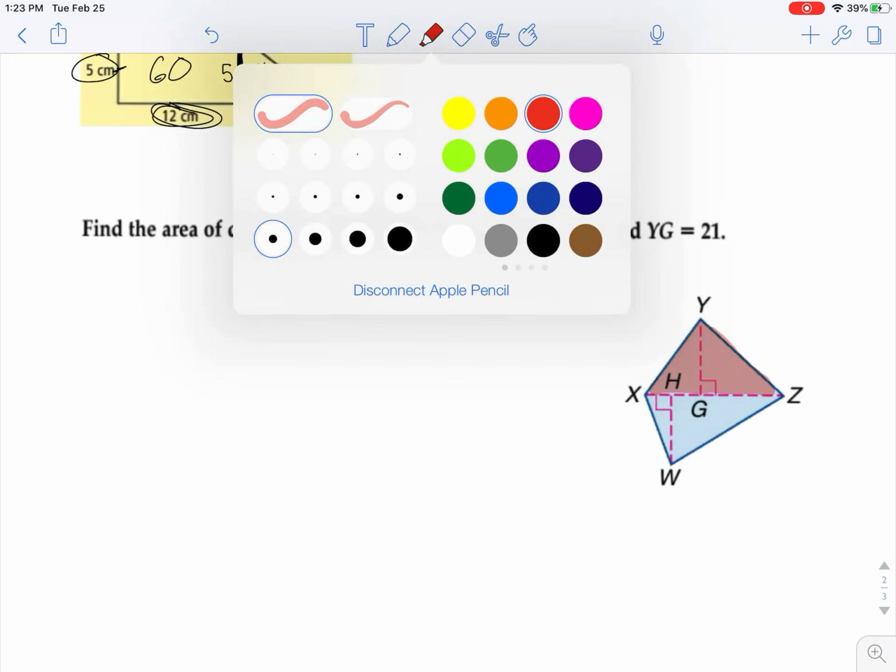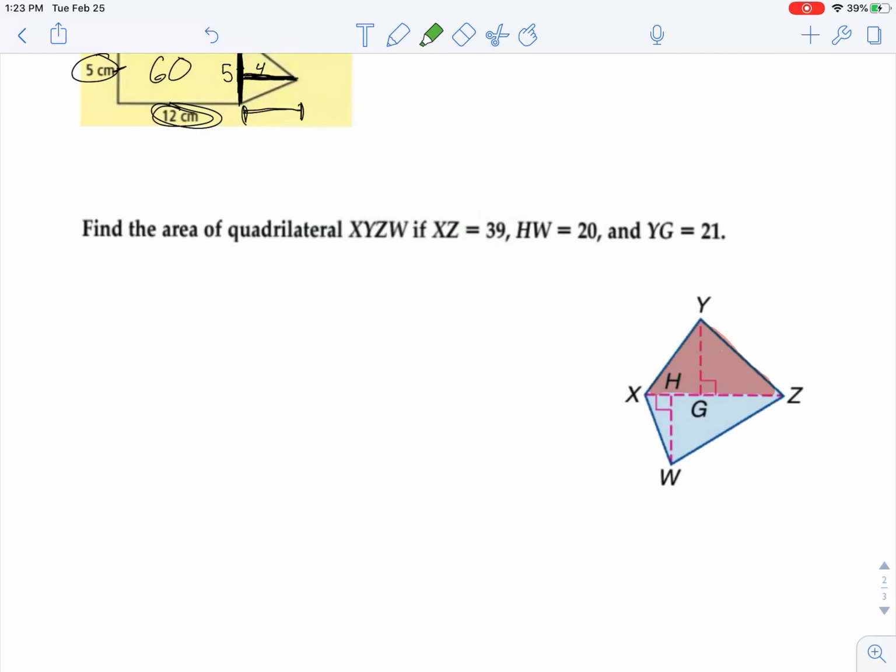I'm going to call this one triangle. And I'll call this one, well, everything else, the other triangle. So I'm basically only doing 2 triangles here. 2 triangles is going to be easier than 4. It's going to be less work. The reason I chose those as my triangles is because I see that they both have a base with an altitude that's perpendicular.